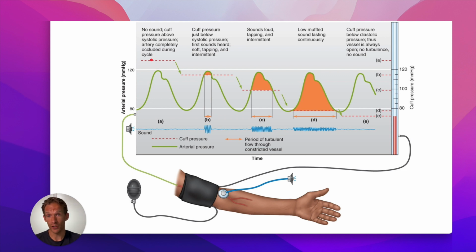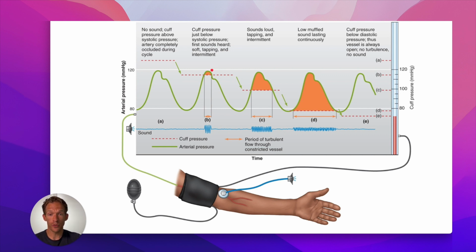And if there's no blood flow, there's no sound. So after you've pushed the cuff pressure to a very high pressure, exceeding the systolic pressure, you gradually lower the pressure in the cuff by reducing the pressure here with that little device.